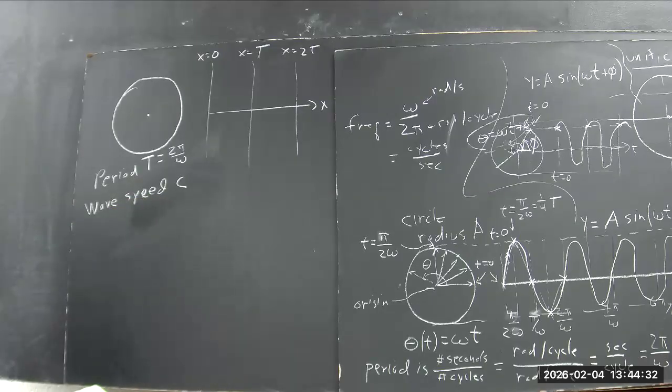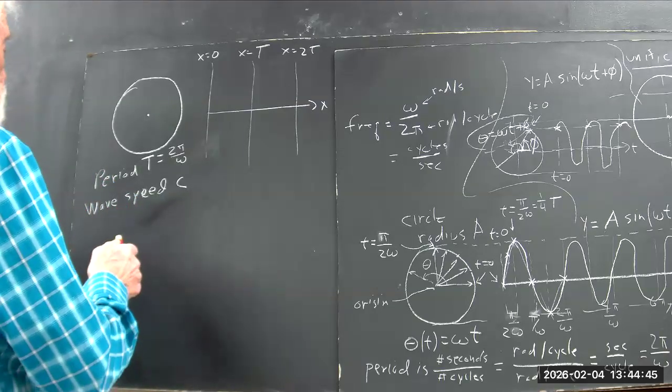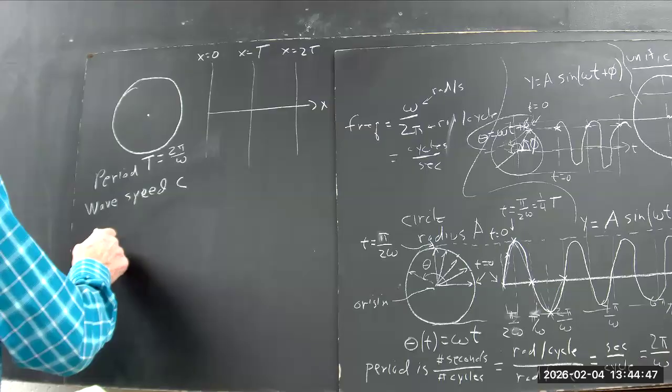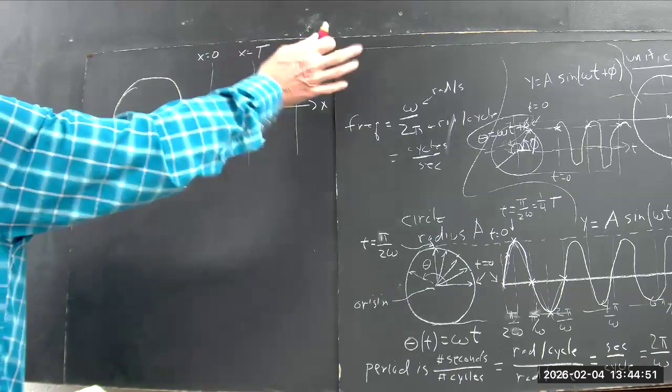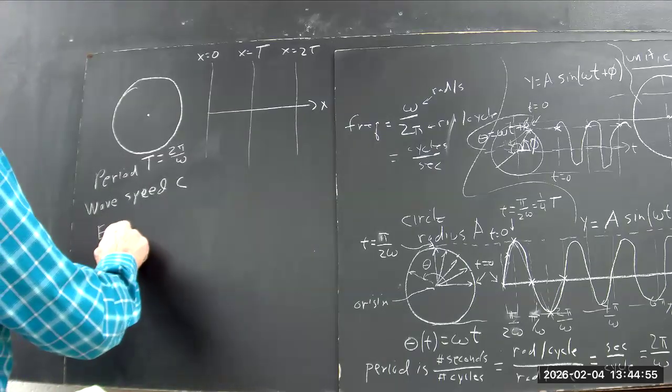I'll give you a formula for figuring out what c is in a minute, and we're going to test that with a chain of rubber bands on Friday. It's going to work. Works very well. Wave speed is c. So, I mislabeled x here.